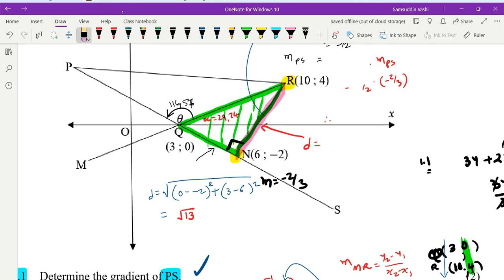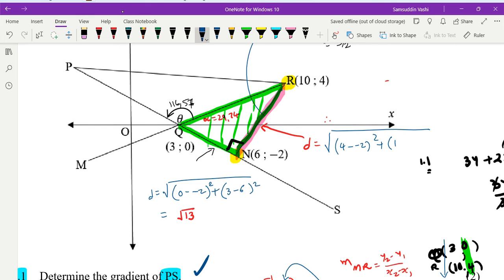And this distance, what is that distance? So it's the square root of 4 minus minus 2 squared plus 10 minus 6 squared. What's the calculator answer? Root 52. So I got two distances. No need to simplify them.